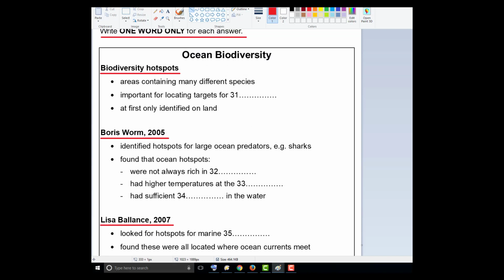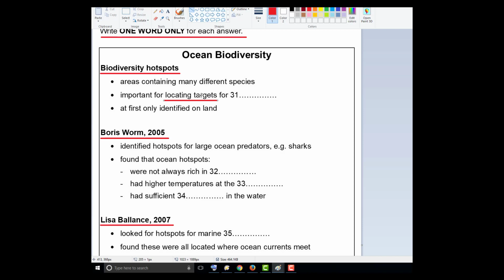Okay, so let's look at our questions. Question number 31. Keywords, locating targets. Of course, locating meaning to find something. Target.